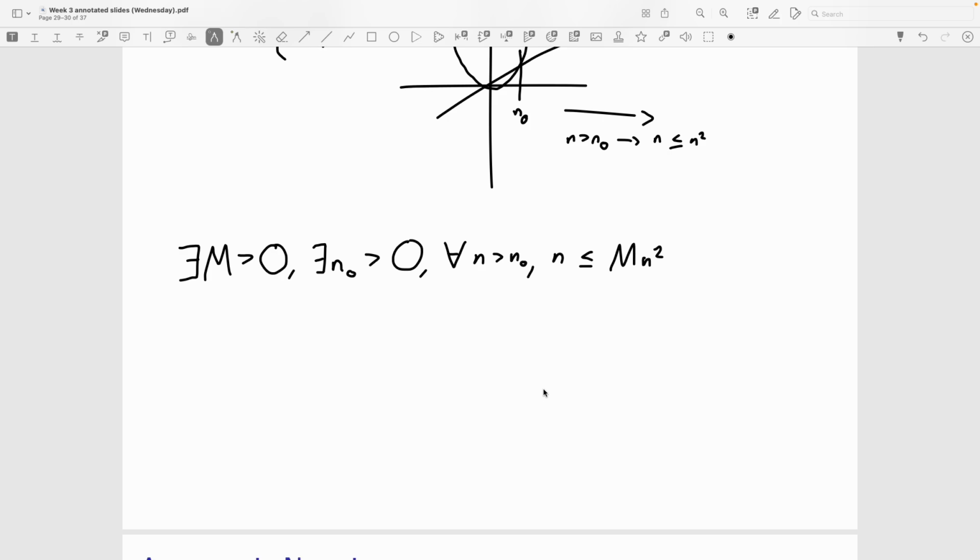Boom. So this is going to look kind of like other proofs involving inequalities. We're going to start with the inequality that we want to show and sort of reverse engineer it to find constraints we need for m and n naught.